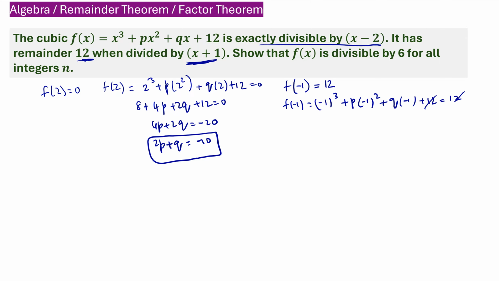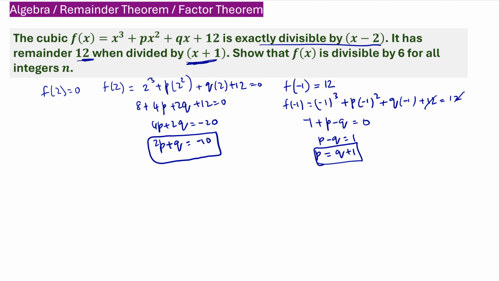The 12 and 12 cancel out. We're left with minus 1 plus p minus q is equal to 0. So p minus q is 1. So p equals q plus 1.